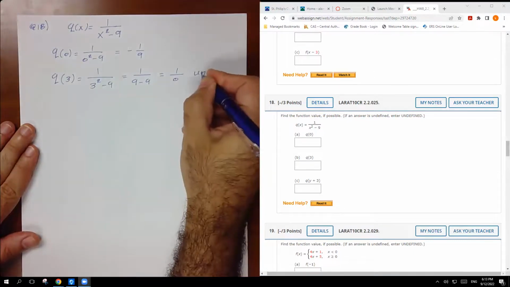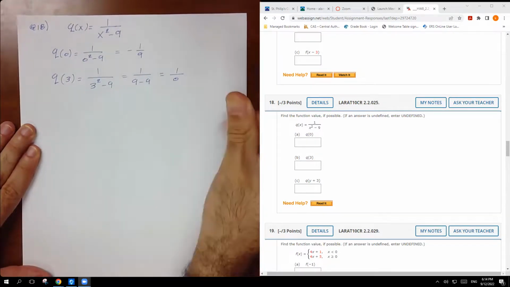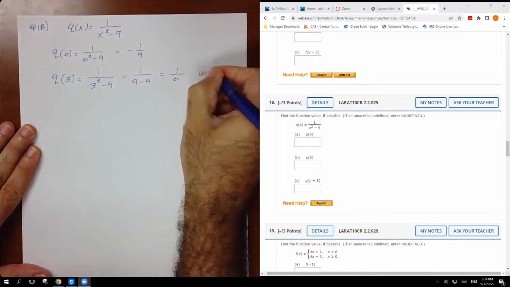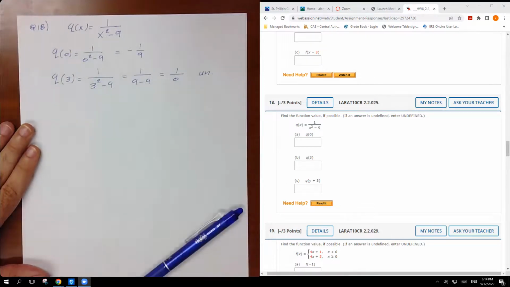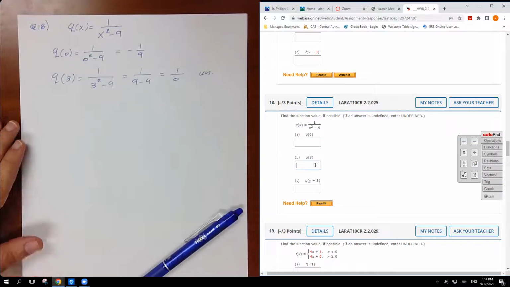That means this is undefined because you can't divide any number by 0. I think you have to type it because this one is going to be a fraction. So you have to type undefined, okay? Undefined.